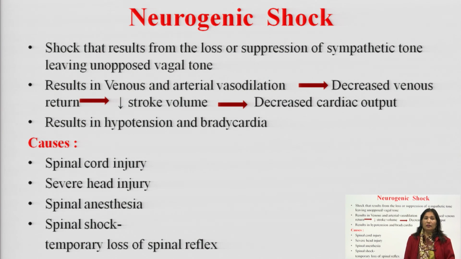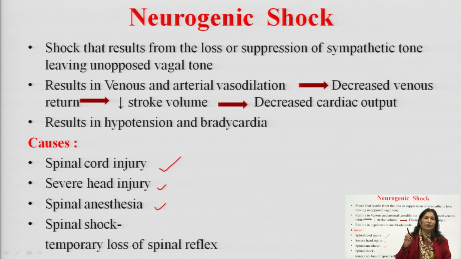What does it mean? Neurogenic shock can be because of spinal cord injury, severe head injury, spinal anesthesia, spinal shock. Because of this, there is a sudden withdrawal of the sympathetic nervous system.